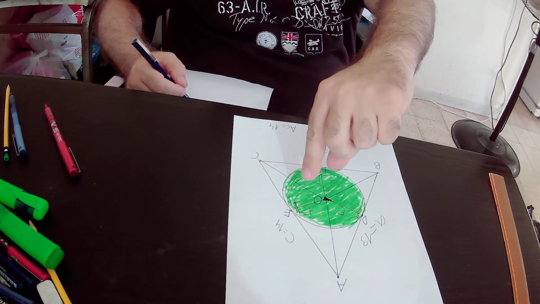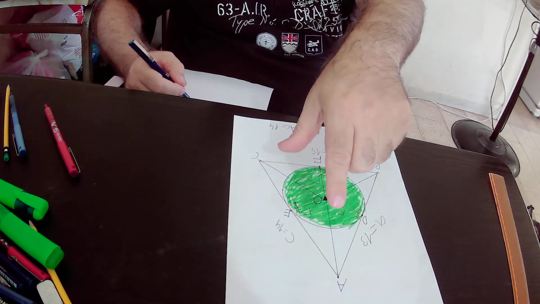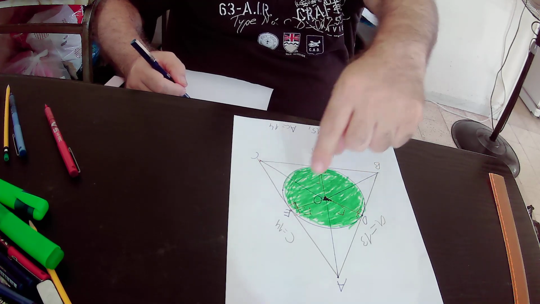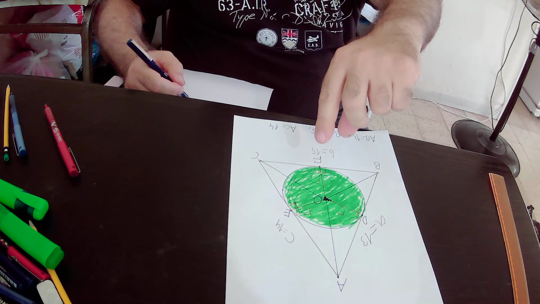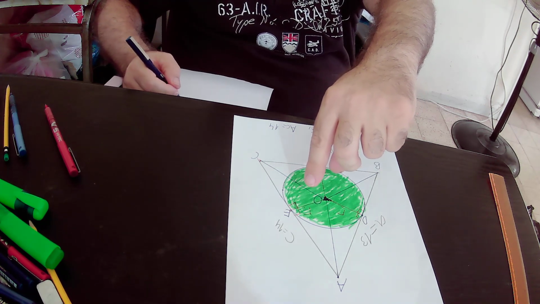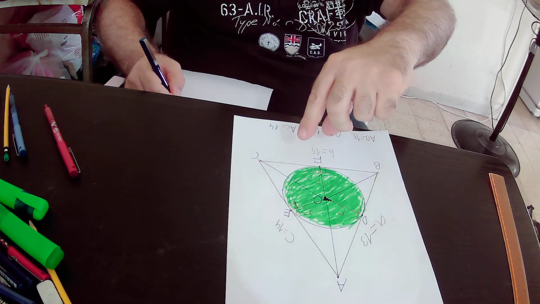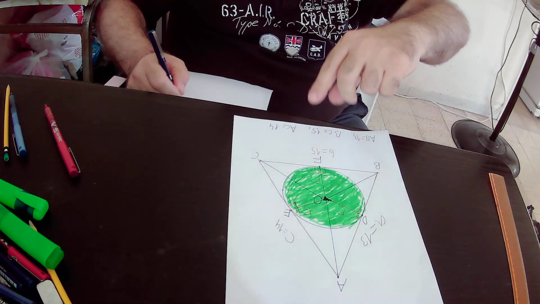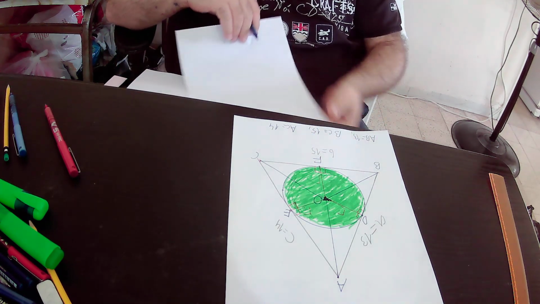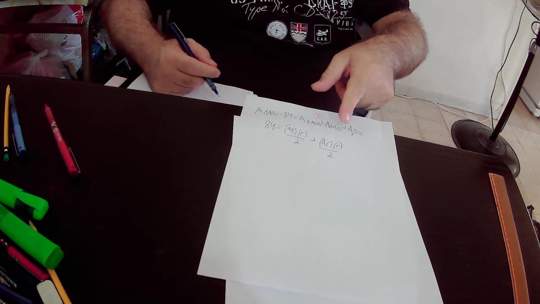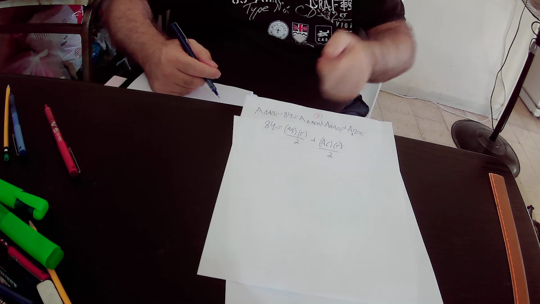Then indeed the radius creates 90 degrees with the base AC, because this is a right angle and this is also a right angle. Therefore, the height of triangle AOC is the radius of the green circle, so it is the base AC times R over 2. Again, the area of triangle AOC equals the base AC times the height to the base, that is the radius of the green circle, over 2.